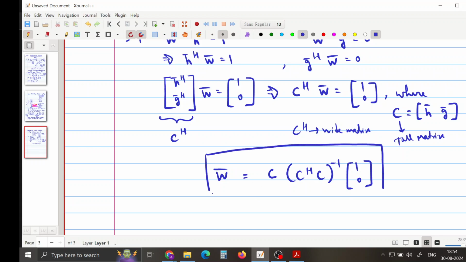I gave you a brief overview of how this came, and this quantity here, w bar, is your optimal multi-user beamforming.